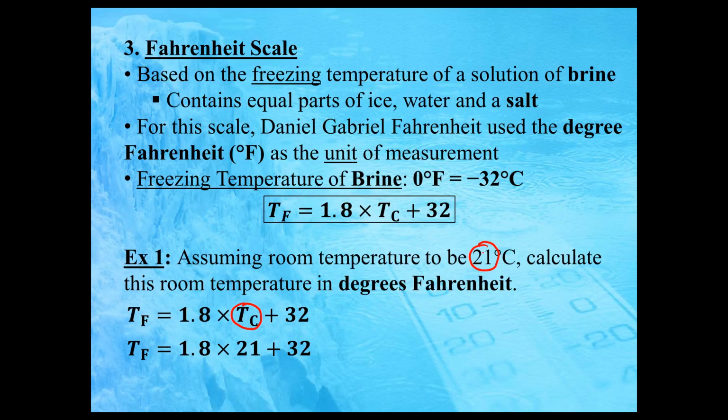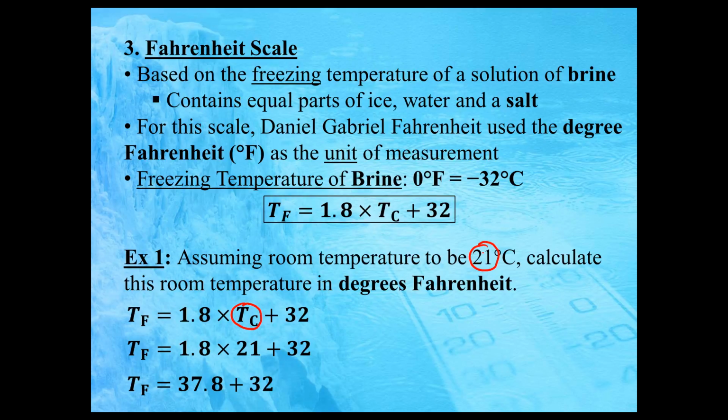Now, you could do that calculation in one step, but it's worth noting that you do need to follow the correct order of operations to do it, because the question is, what do you do first? Multiply 1.8 times 21 or go 21 plus 32? Well, think of the BEDMAS acronym that indicates the correct order of operations. Multiplication comes before addition, so we take care of the multiplication first. 1.8 times 21 is 37.8.